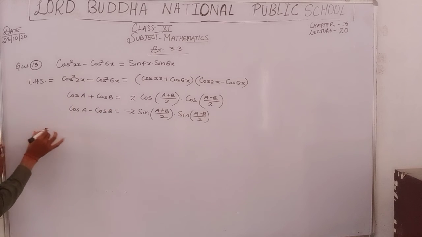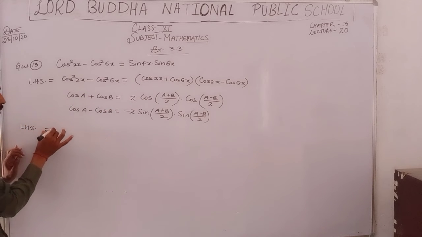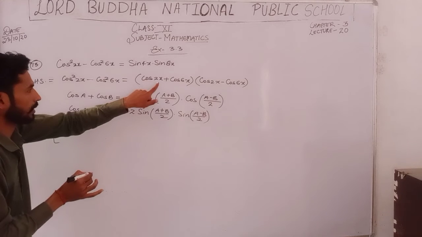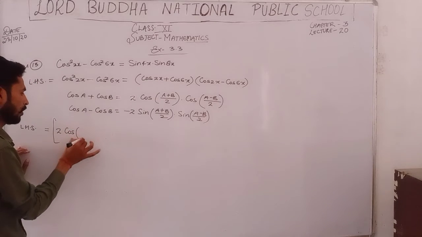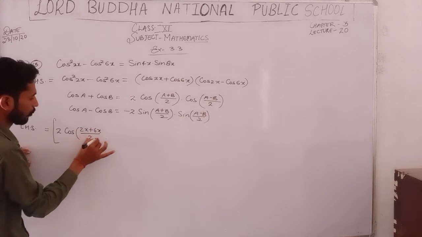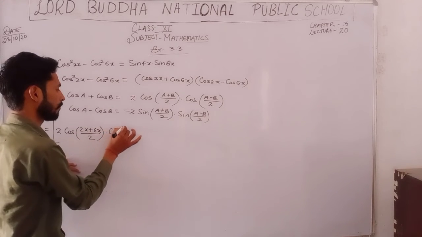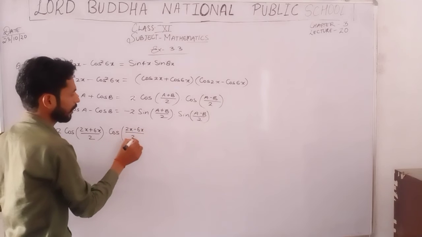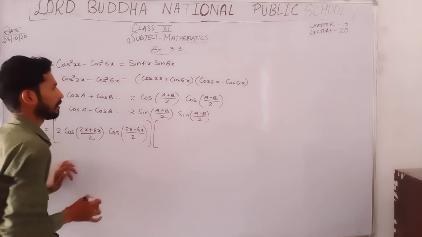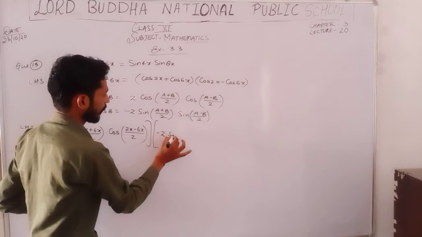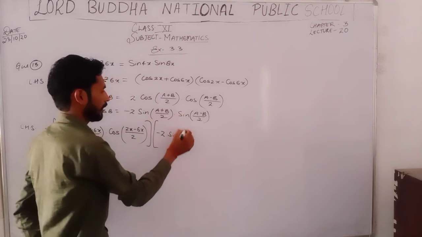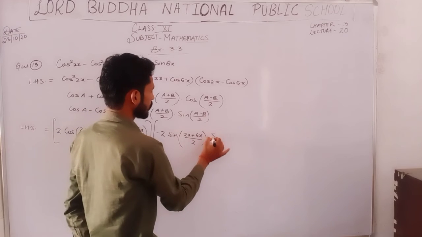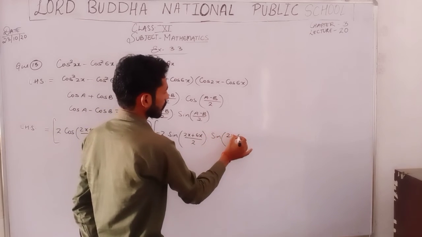So the left hand side equals 2 cos (2x plus 6x) divided by 2 into cos (2x minus 6x) divided by 2, and in the next bracket minus 2 sin (2x plus 6x) divided by 2 into sin (2x minus 6x) divided by 2.